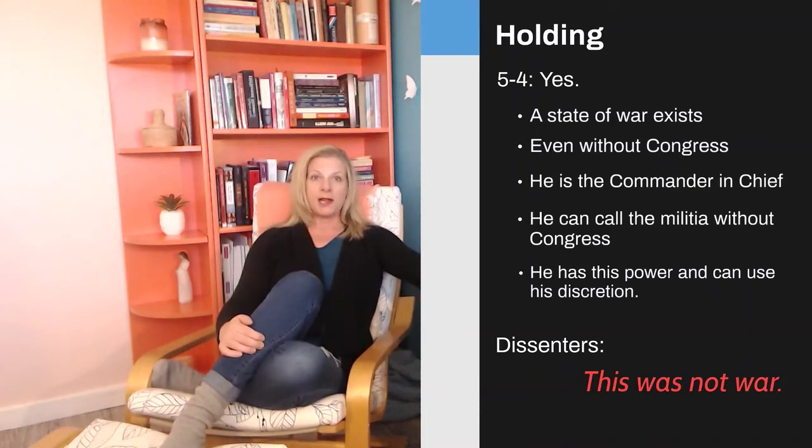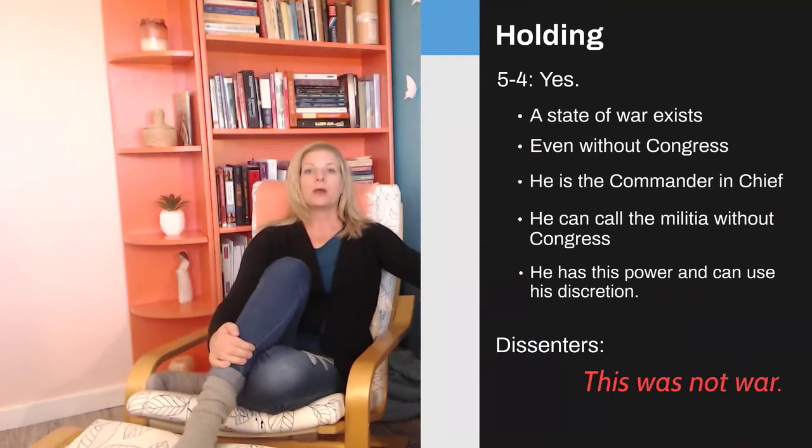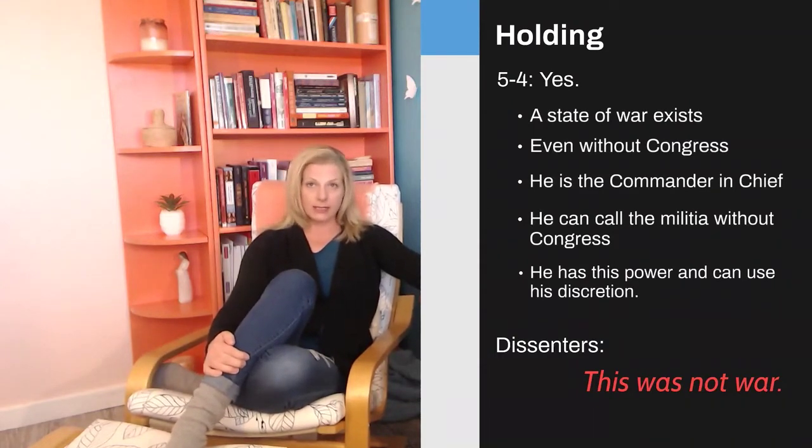And of course, you can see this is a very formalistic way of understanding what this power actually extends to, because Congress hadn't actually declared a war, and this means that the president's powers as commander-in-chief didn't come into play because the country was not technically at war.